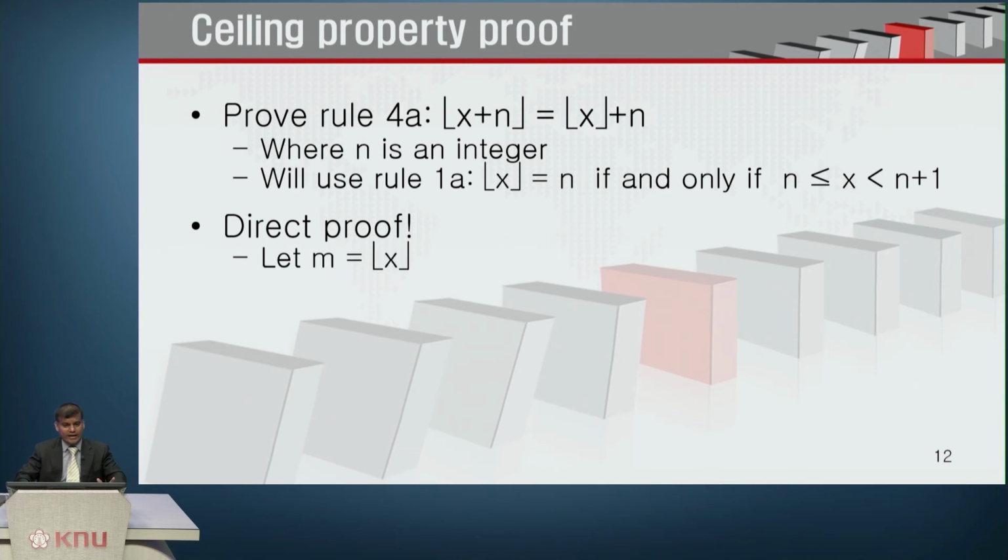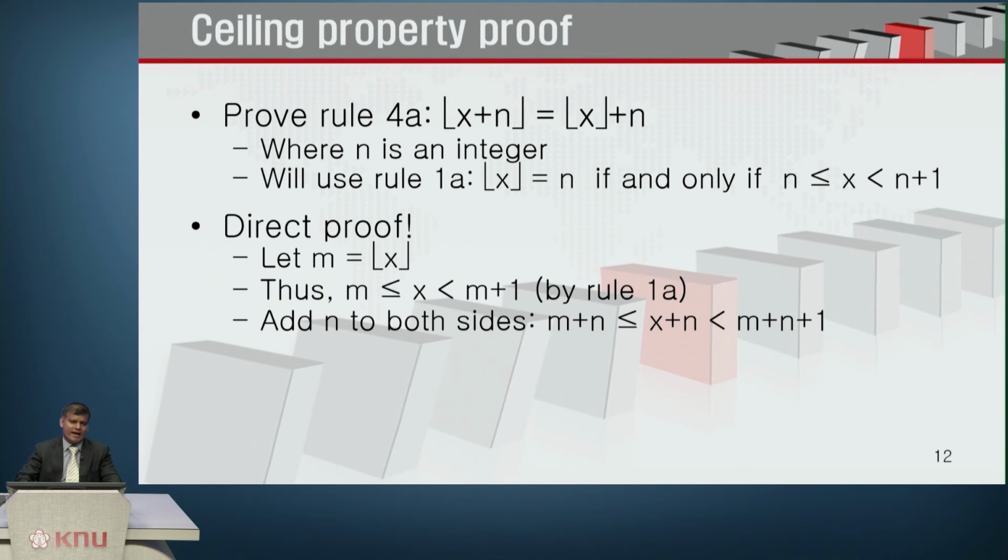Let's try this direct proof, in which we say m equals the floor of x, thus m is less than or equal to x and x is less than m plus 1 by rule 1a.